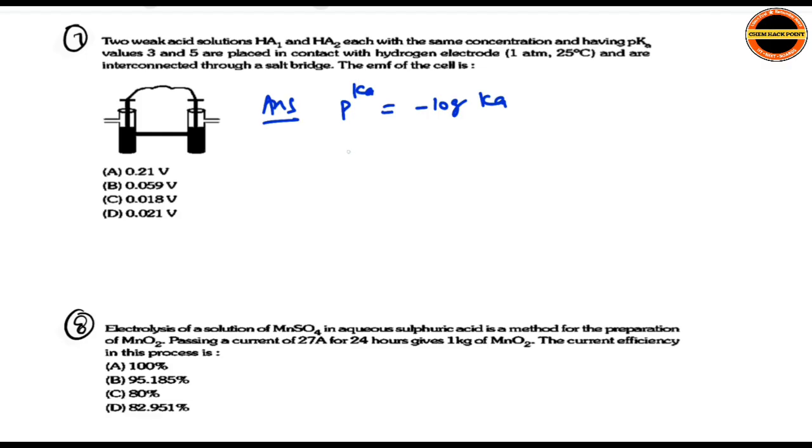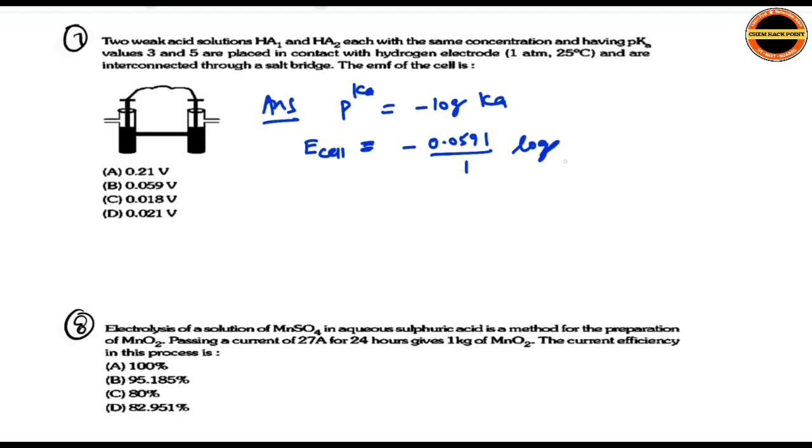And now, according to the formula for weak acids, we know E cell is equal to minus 0.0591 by 1 log. See here the concentration is the same, so E naught cell becomes 0.